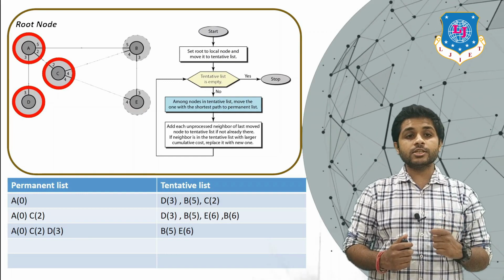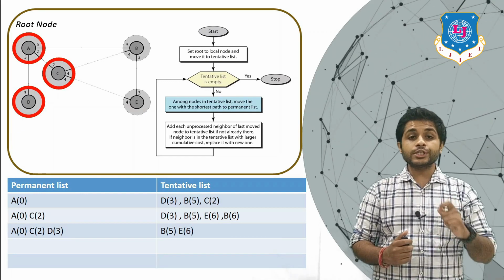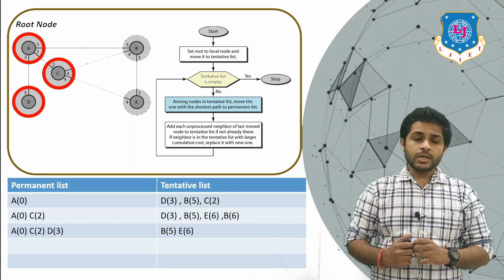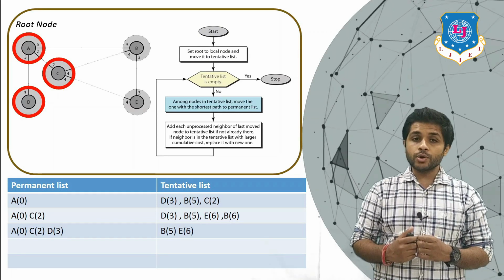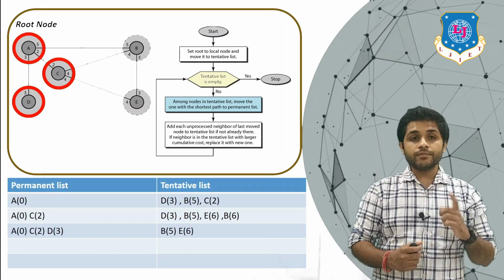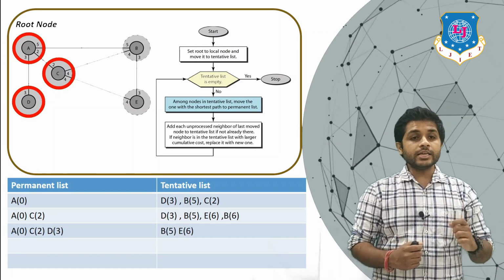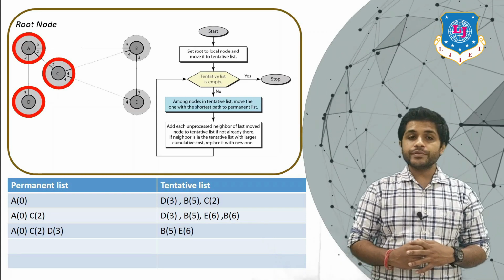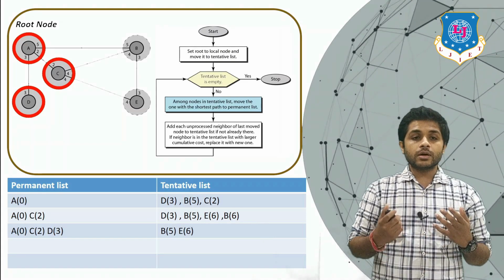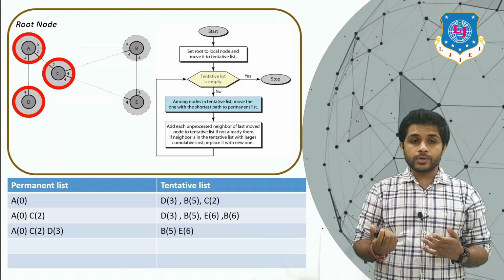But which adjacent nodes will be added? Unprocessed adjacent nodes. Now does D have any unprocessed adjacent nodes? No. D has only one node, which is A, and A is processed. A is already present in the permanent list, so we will not move A again to the tentative list.